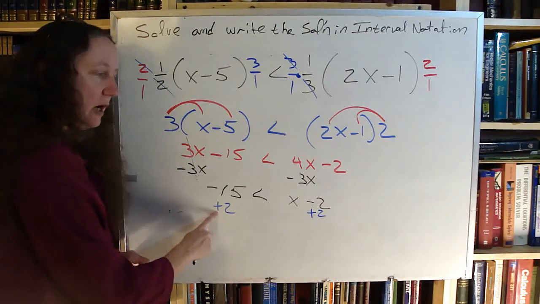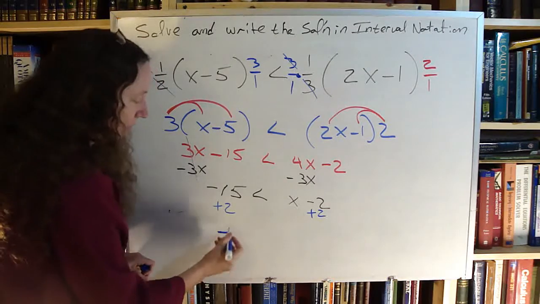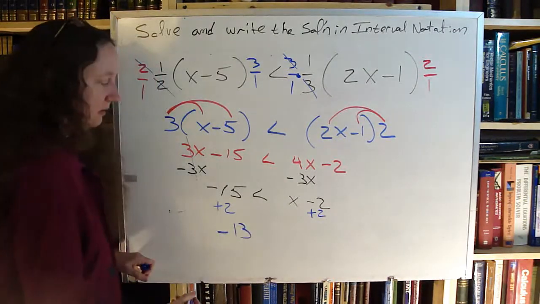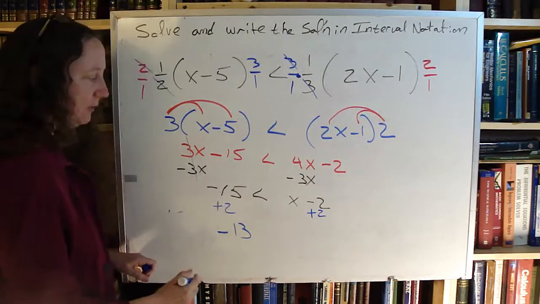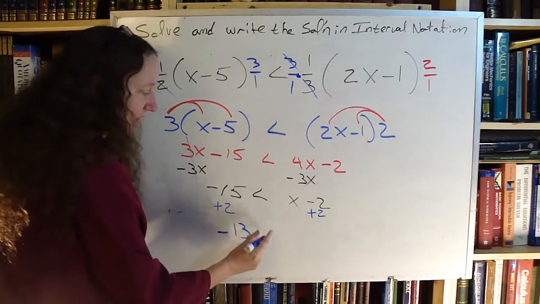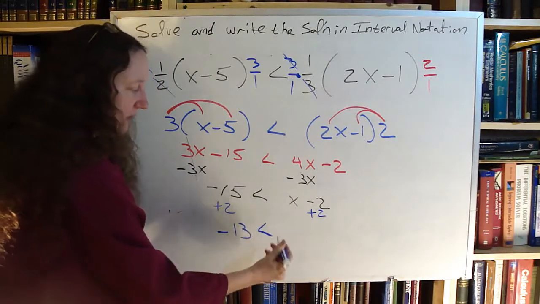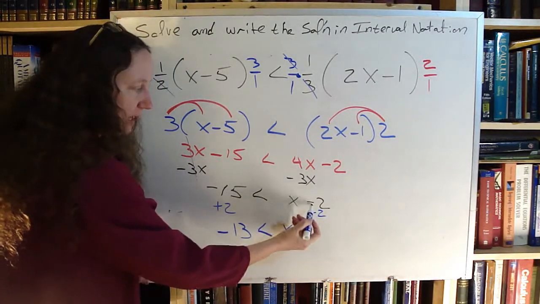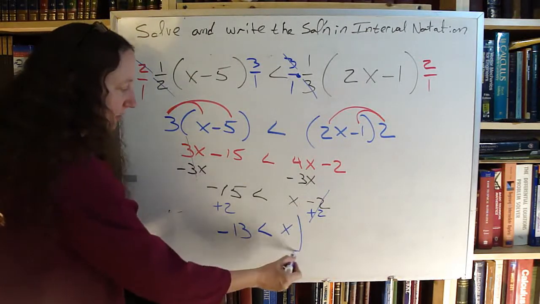You get $2 from somebody that owed you. Now you owe only 13. So negative 15 plus 2 is negative 13. Keep my sign the same. x carries down. Negative 2 plus 2 cancels out. I have my answer.